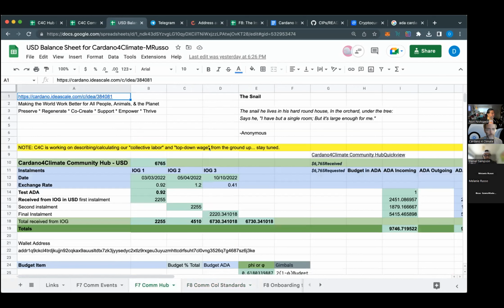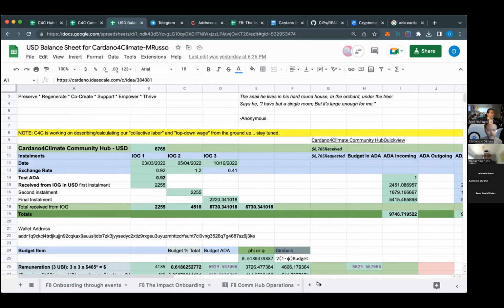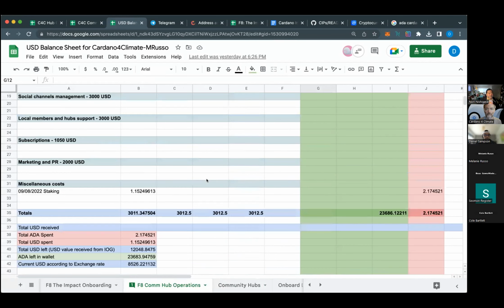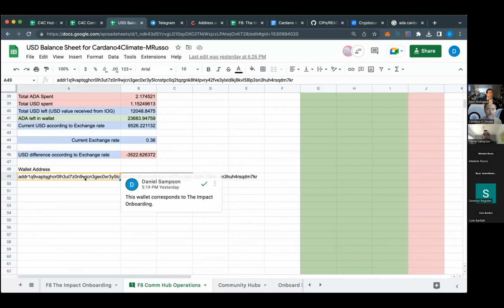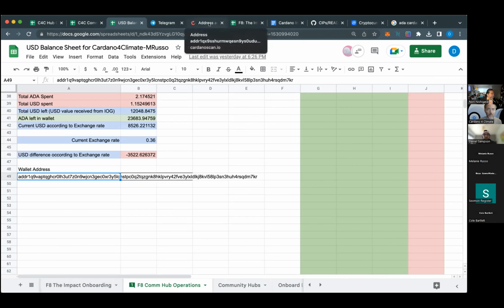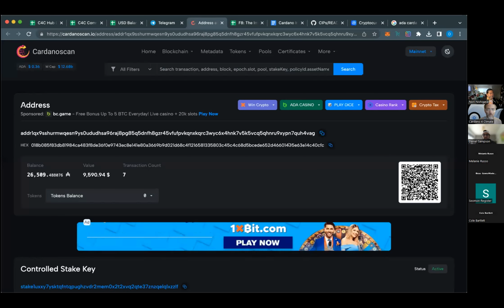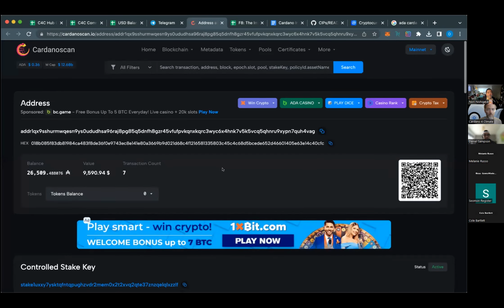Let me see, is this the one? No. Community hub operations. So actually, this wallet provided here is wrong. This is the same wallet used for the impact onboarding, and the amount within that wallet corresponds to the installments in the impact onboarding.